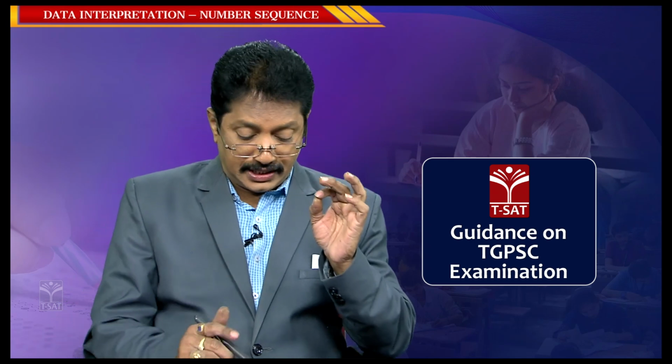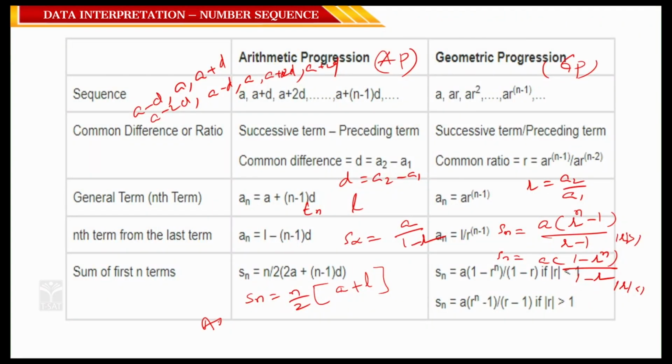And one more thing here, arithmetic mean. When three quantities a, b, c are given, the arithmetic mean b is equal to a plus c by 2, b is called the arithmetic mean, and the geometric mean b is equal to under root ac.